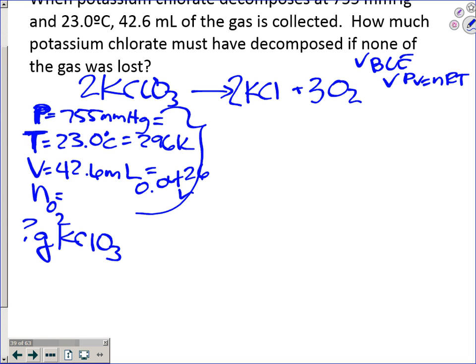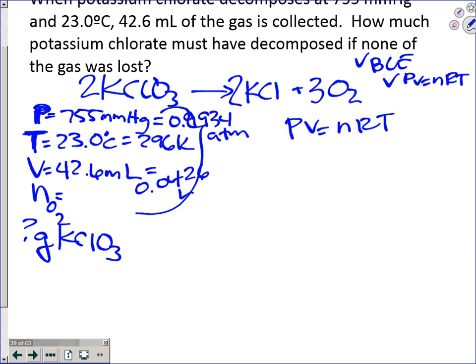Okay. Alexia? 755 divided by 760. 0.9934. All right, so I have the ideal gas law, PV equals nRT.